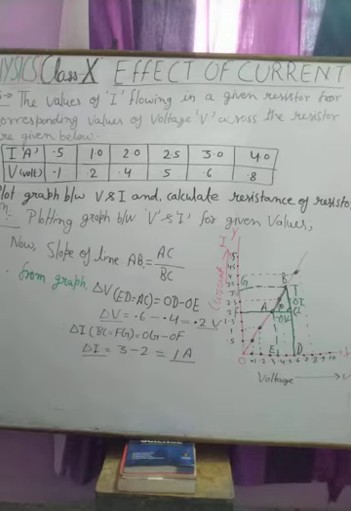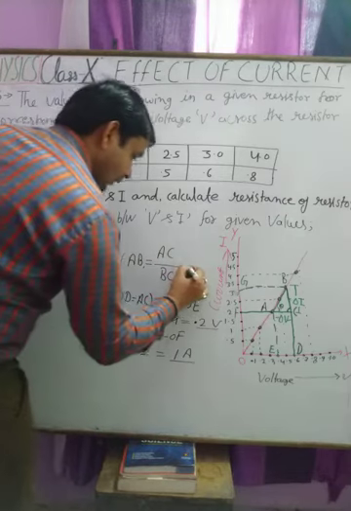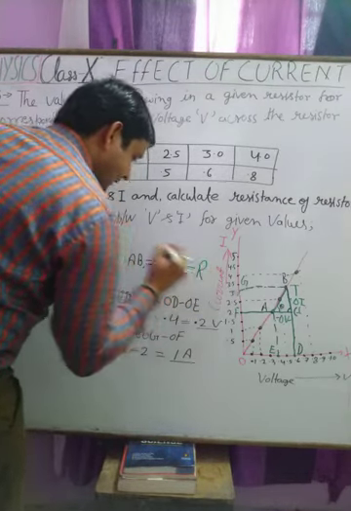Therefore, the slope of the line AB, or straight line AB, is known as resistance.